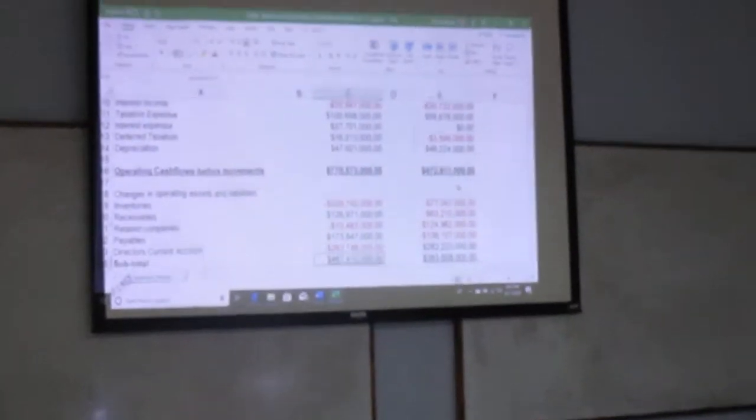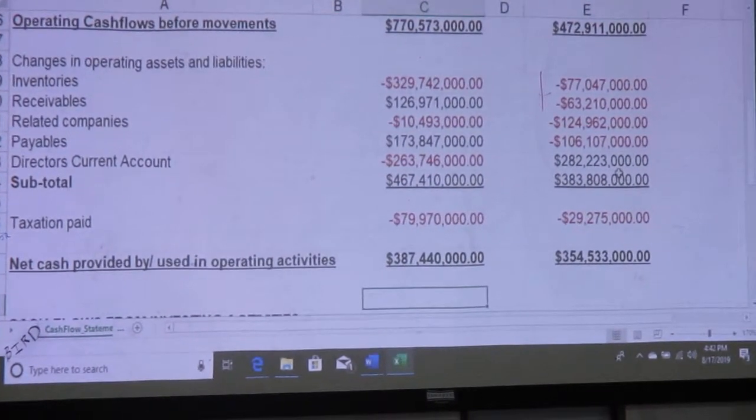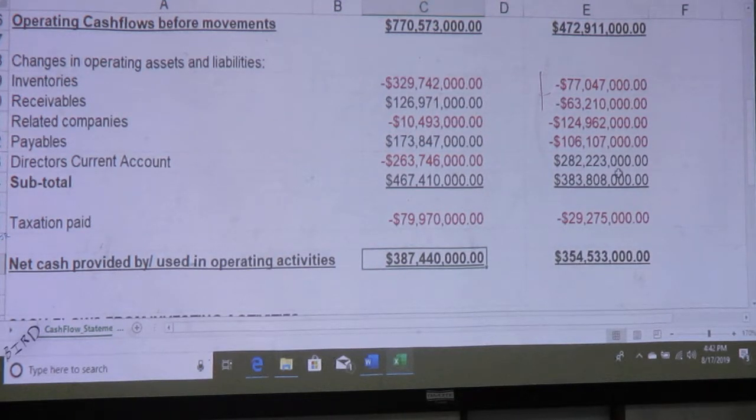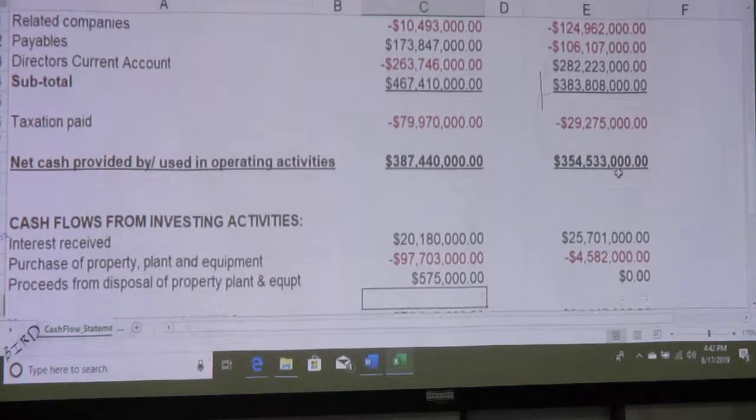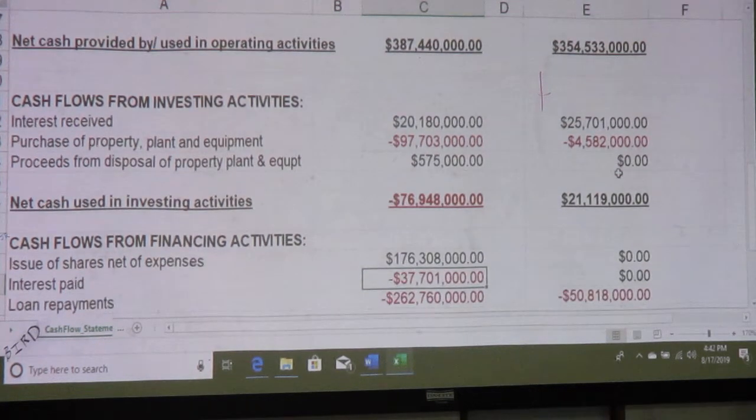What else are we looking at? So, we look at that. And there's not much else that's particularly interesting here. You can see where the total taxation paid went up significantly by what? A factor of 3, almost. This is another big ticket item.